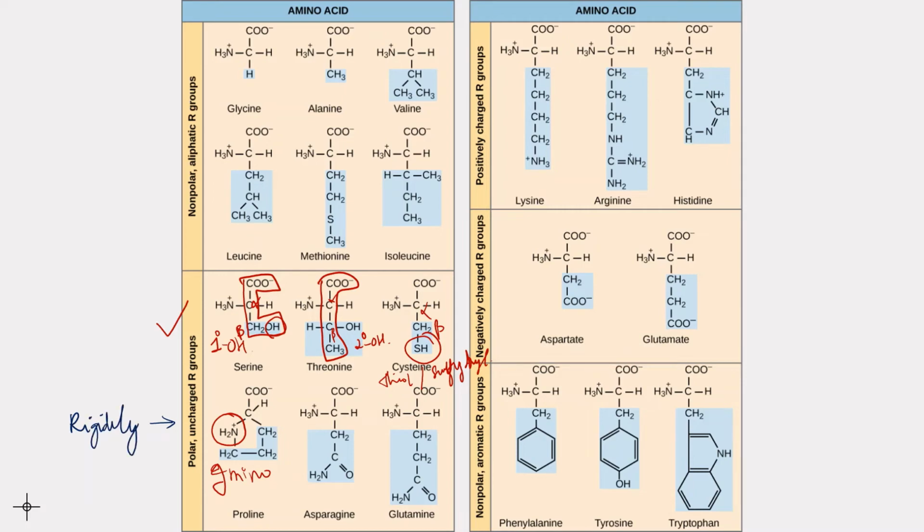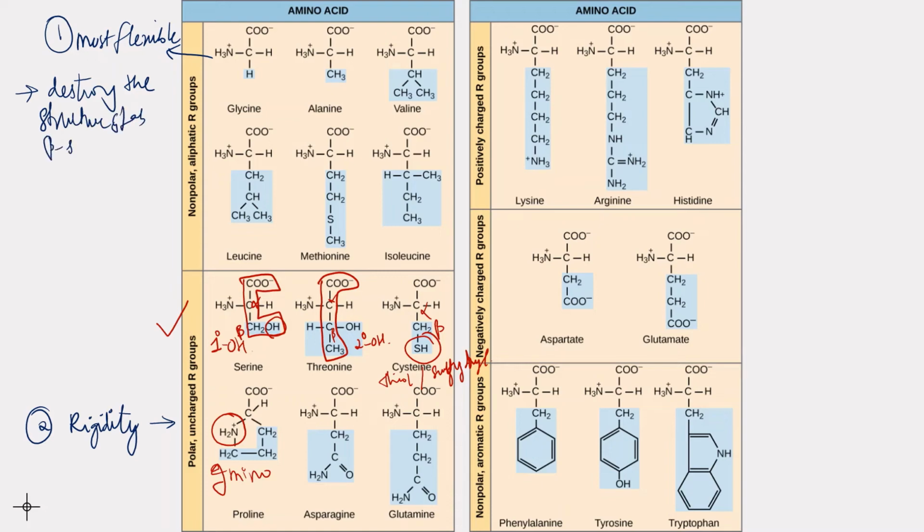So it's not at all flexible, but glycine is the most flexible. So there are two properties over here. One, glycine is the most flexible, and two, proline is the most rigid. So these two are the most structure destroying amino acids. They will destroy the structure stability of beta sheets.